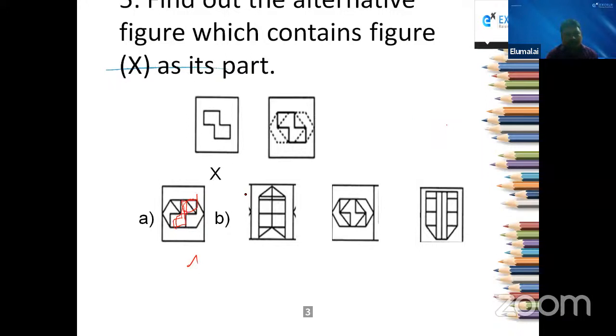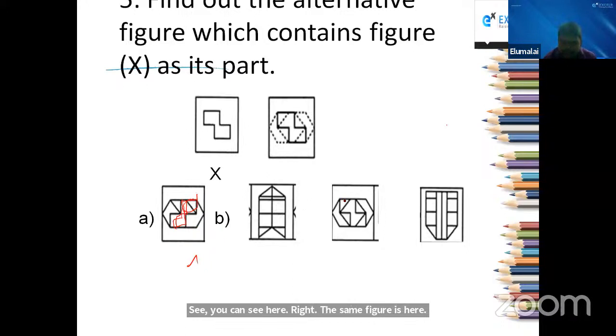Do you want me to explain this? See, you can see here, the same figure is here. Actually, it is not. Sorry. It is not the option. By seeing itself, you could have eliminated this.